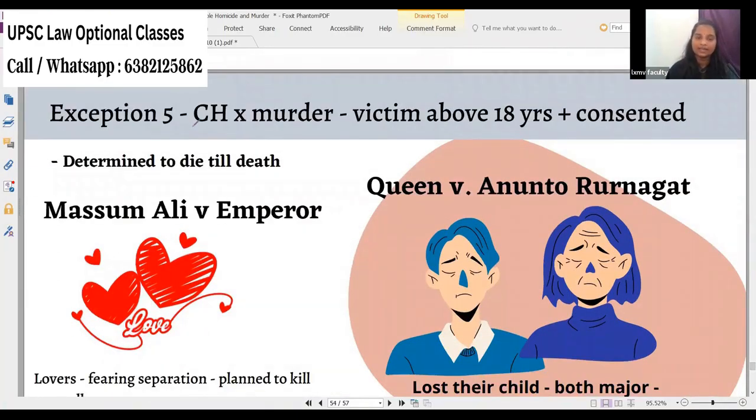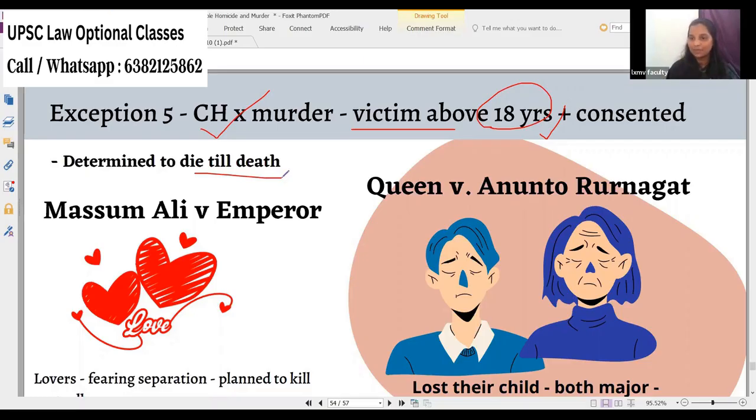Culpable homicide, that is, a murder will not be murder but culpable homicide if the victim is above 18 years and has given consent for causing her death. And this consent must continue till she is dead. Because certain people will say, okay, I'm ready to die with you, or you can cause my death.